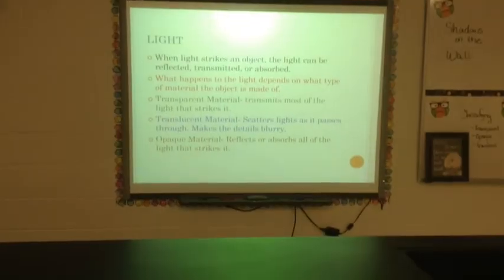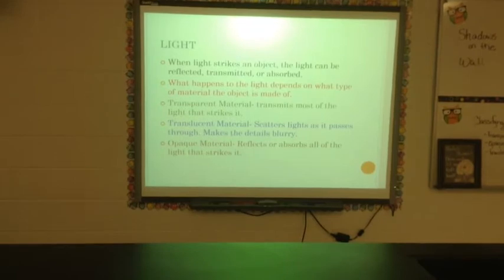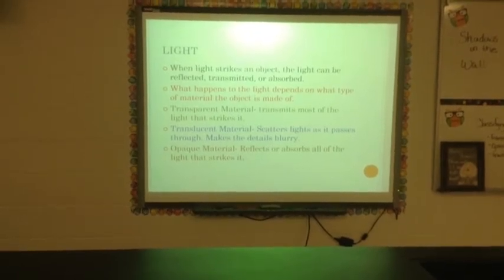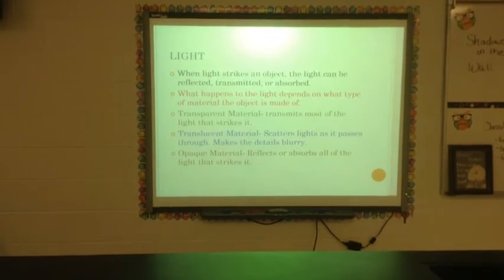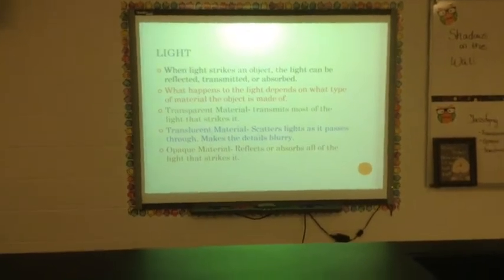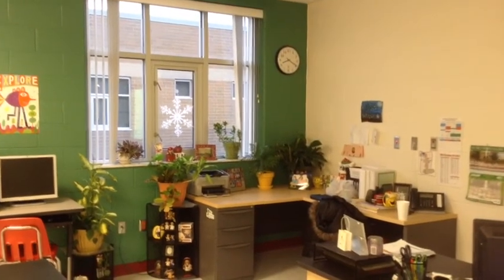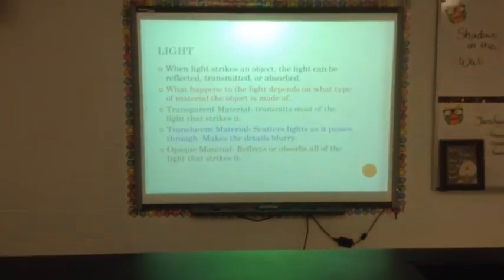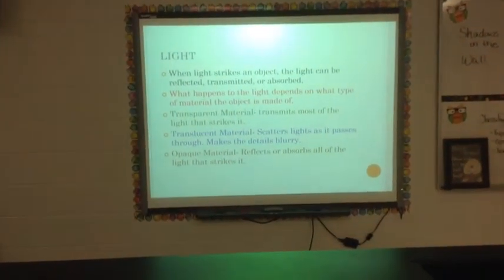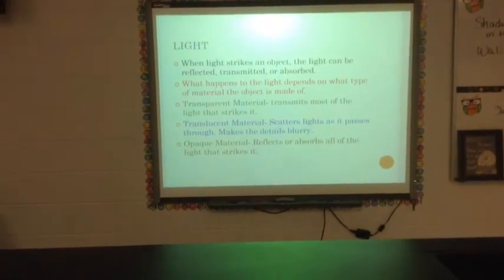We have three types of material I want to talk about: transparent, translucent, and opaque. Transparent materials transmit most of the light that strikes them. The window is a transparent material. Translucent materials scatter the light as it passes through, so you can see the light, but it's going to be kind of blurry.